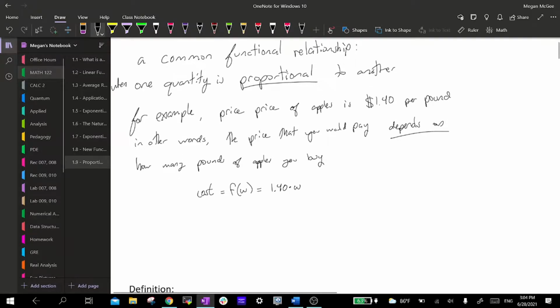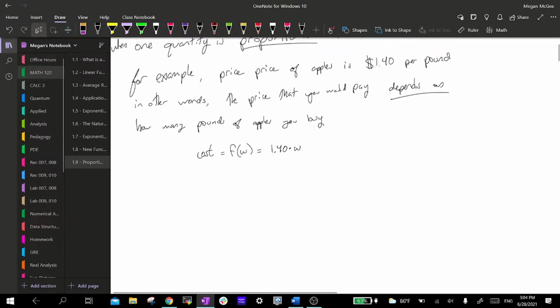Alright, we also have different kinds of proportionality. So in this case, the price increases. Again, I'm going to say cost instead of price. The cost increases as the weight increases.